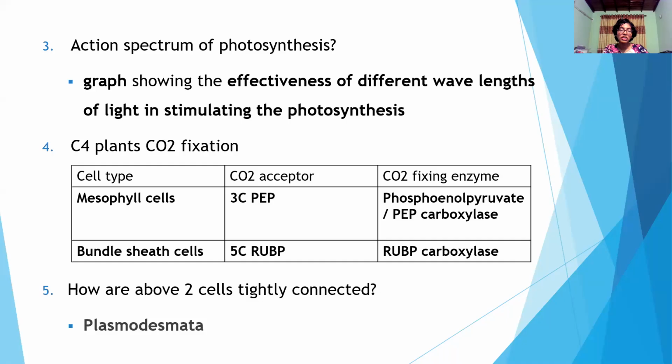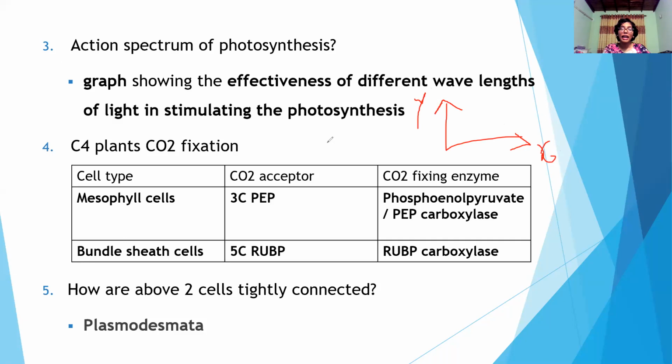What is the action spectrum of photosynthesis? So what is an action spectrum? It is a graph, and a graph has two axes, the x-axis and the y-axis.